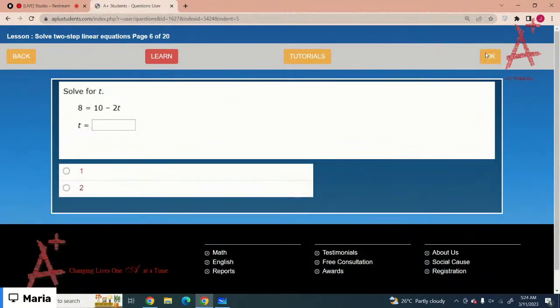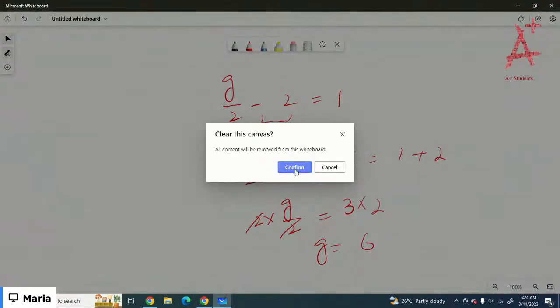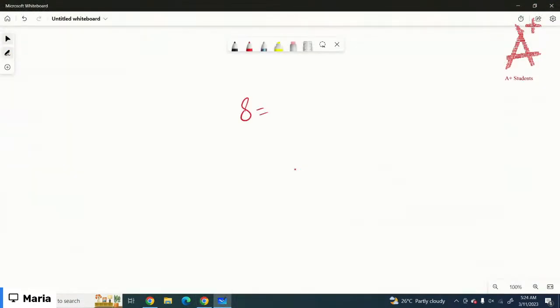Okay, the next one is solve for t. 8 equals 10 minus 2t. Okay, so first of all, you have to remove that 10 from here. 10 is being added here, so just subtract 10 from both sides. 8 minus 10 equals 10 minus 10 minus 2t.